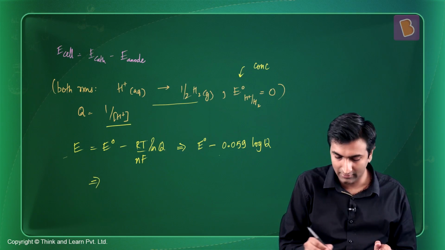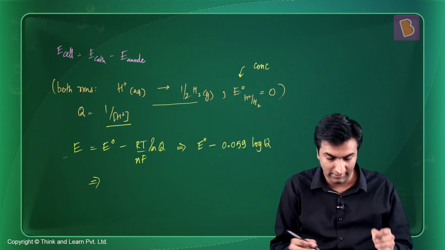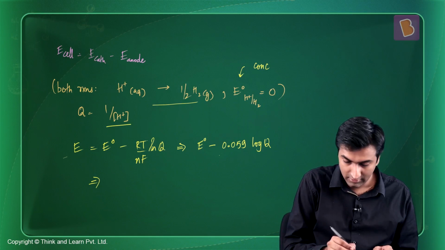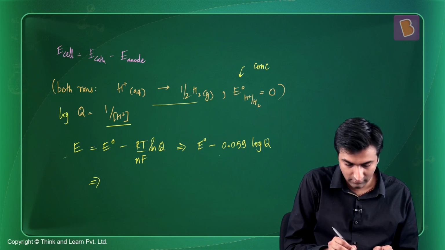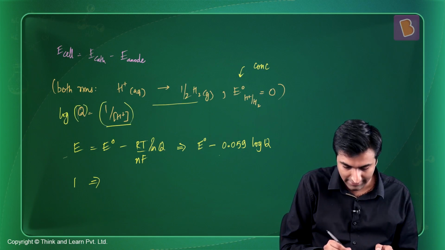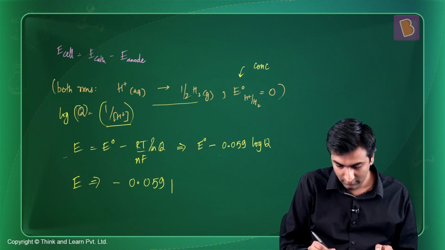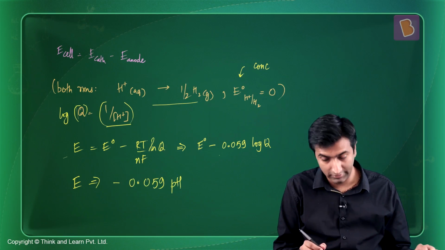This is at STP, accounting for 2.303 and all that when you convert from ln to log. Now, if I take a log of this on both sides, then all I get directly is E equal to minus 0.059 pH. That's it. Now, all we need to do here is find out pH.